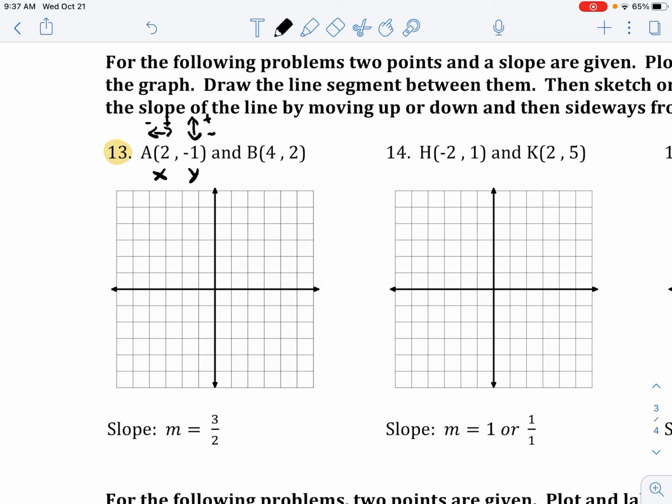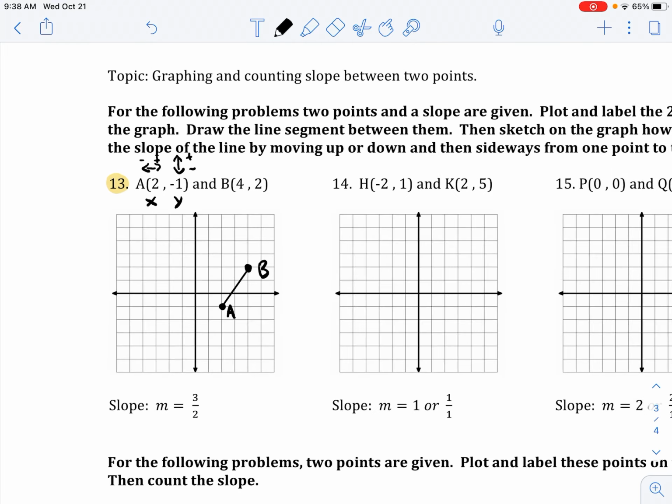So this is saying move to the right 2, and then down 1. Okay, and the next one is saying 4, 2, to the right 4, up 2. So this is point A and point B. And it says draw the line segment between them, and then sketch on the graph the slope.